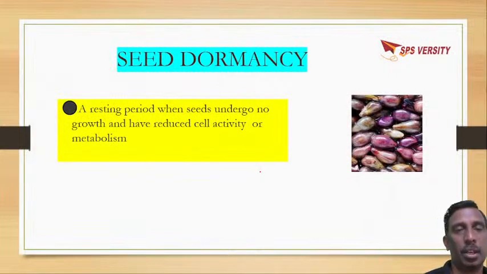ठीक है. So अभी तक हमने डिस्कस किया फाइटोहार्मोन्स, फोटोपीरियोडिज्म और नेक्स्ट vernalization. And we'll discuss the last topic, that is seed dormancy. Dormancy बोले तो resting period. Resting period में the seeds में बहुत कम water रहता, सेल एक्टिविटी बहुत कम रहता, मेटाबॉलिज्म भी बहुत कम रहता.